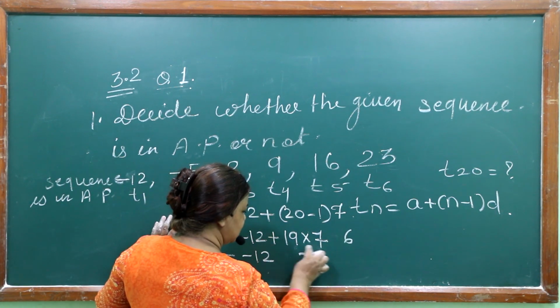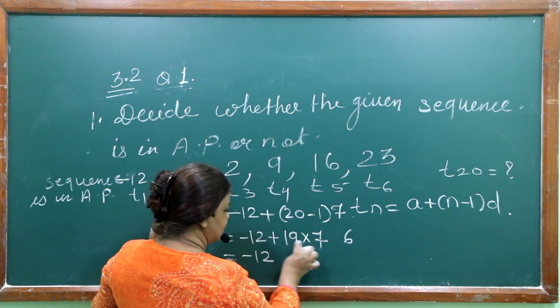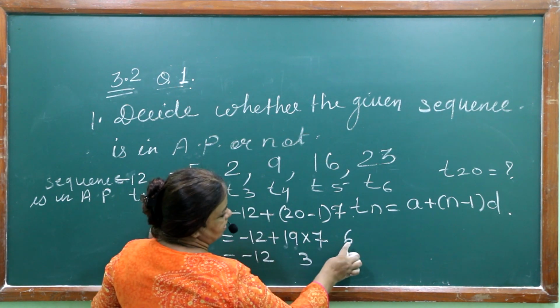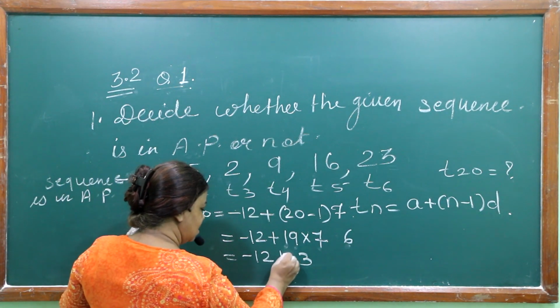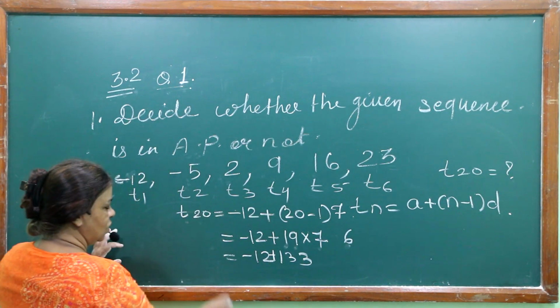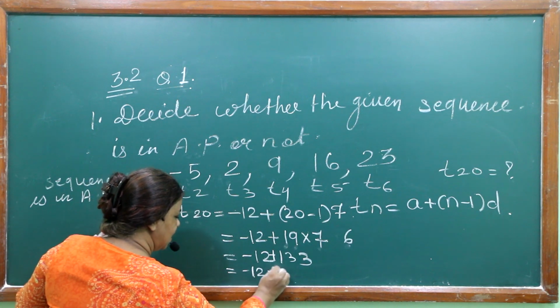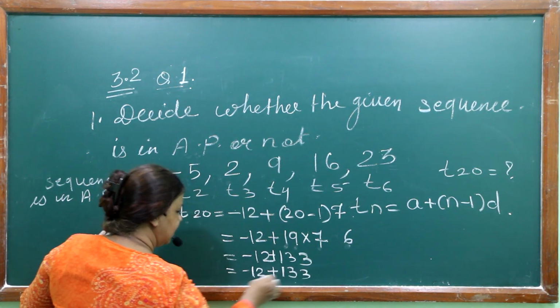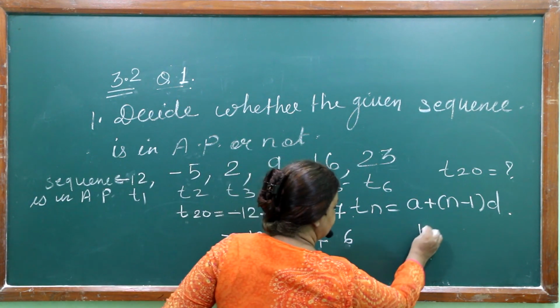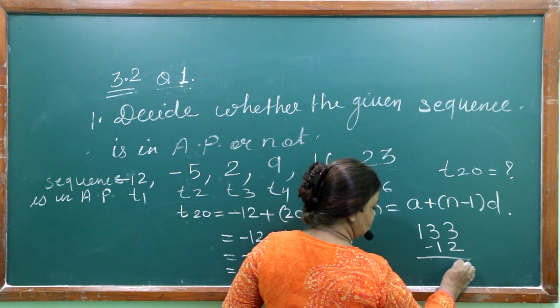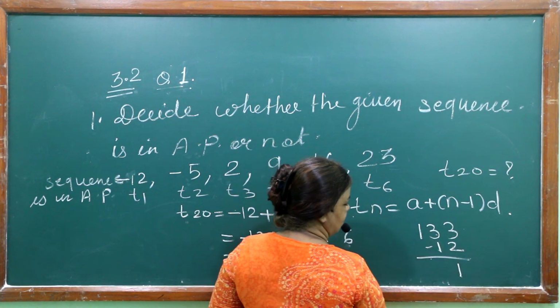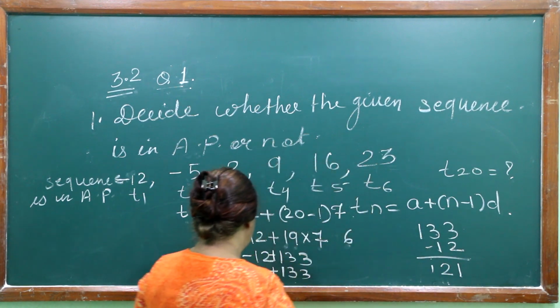19 into 7: 7 nines are 63, write 3, carry 6; 7 ones are 7, plus 6 is 13. So 133. So minus 12 plus 133 is 121.